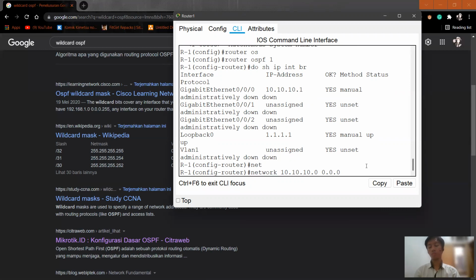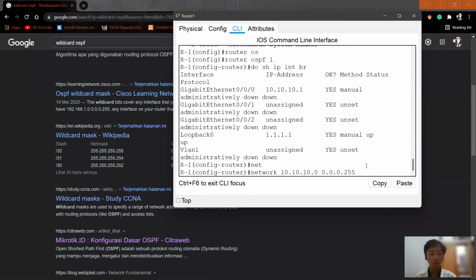And put the wildcard from slash 24, which is 0.0.0.255. And don't forget, in EIGRP after we put the netmask we directly enter, but in OSPF we have area.